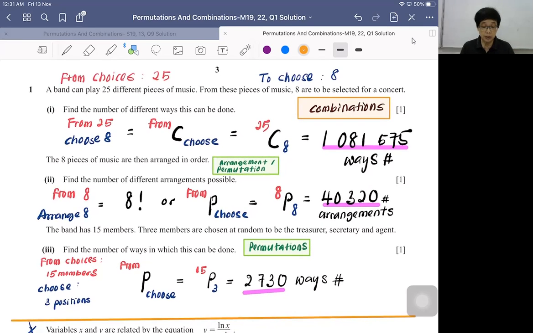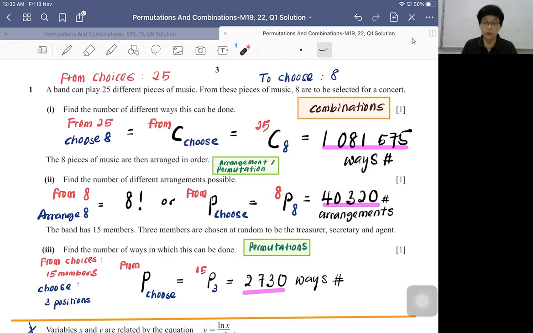As the question stated, a band can play 25 different pieces of music. That shows us the band has the choice of 25 pieces of music, so they can pick from 25 choices.